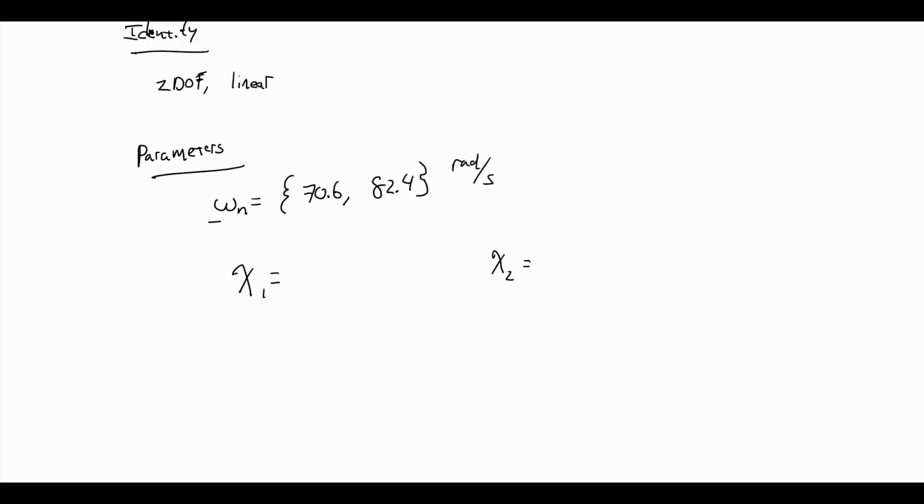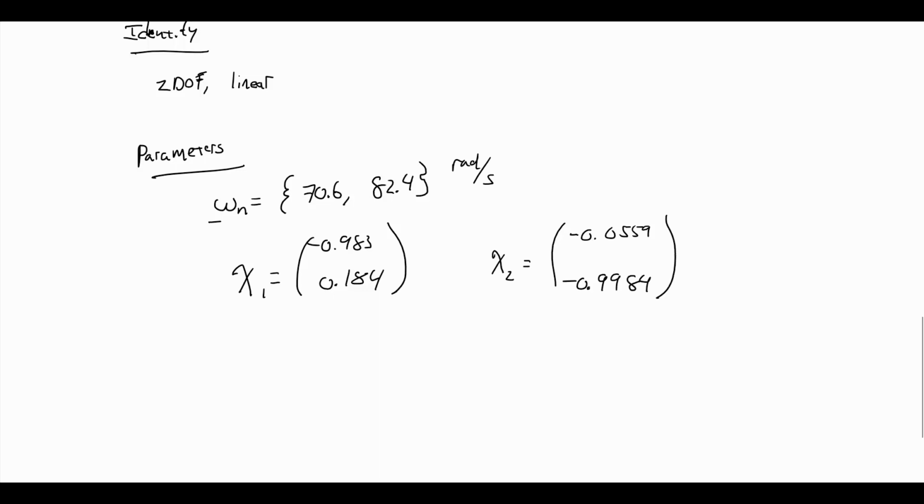And the first mode shape out of MATLAB, negative 0.983, 0.184. And the second mode shape, negative 0.0559, and a negative 0.9984. Right, so that is all that we were asked to find, so I'll put these in the box.